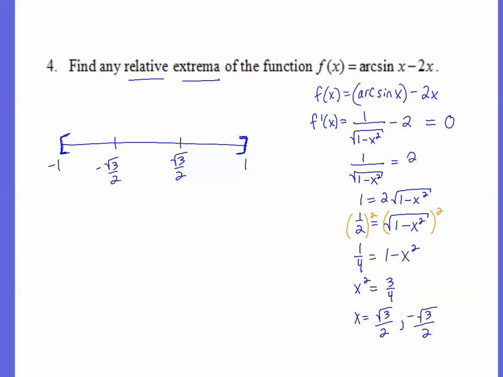Something in the middle, we'll pick that first. 0 is pretty easy to work with, plugging it into our derivative to see if it's positive or negative. That's a positive 1 minus 2, which makes a negative. Let's think about plugging in something really close to 1, like 0.9. How is this helpful? Well, here's our derivative. Plug in something really close to 1, but just smaller, and our denominator is 1 minus something close to 1.